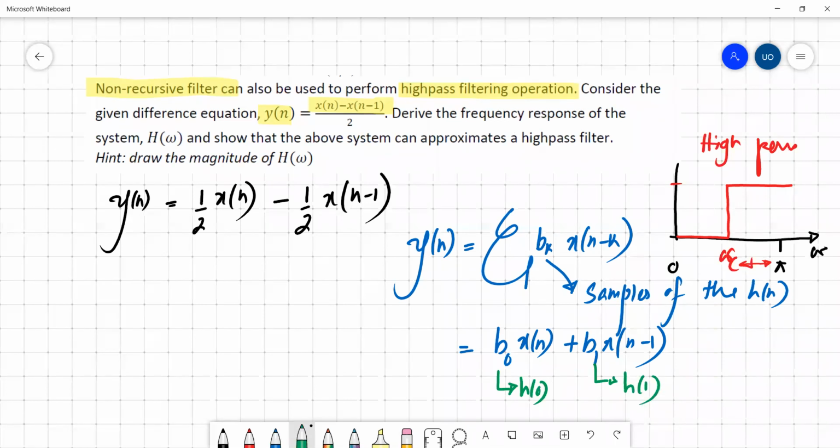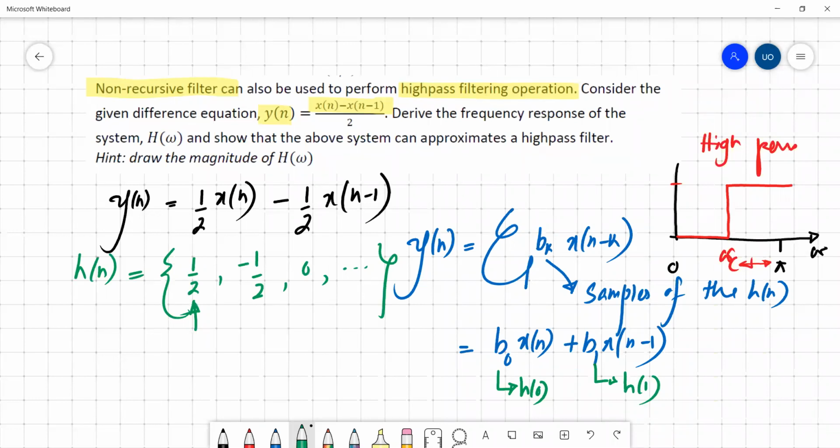So your h[n] is now like this: half, minus half, 0. So this is your h[n].